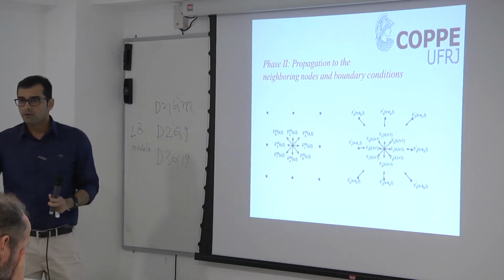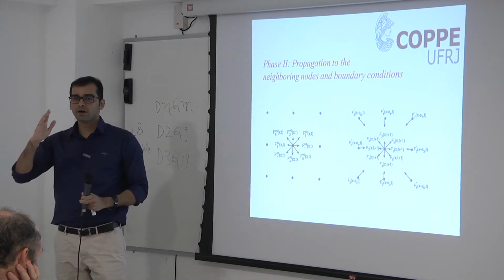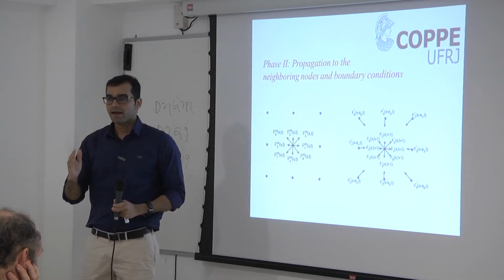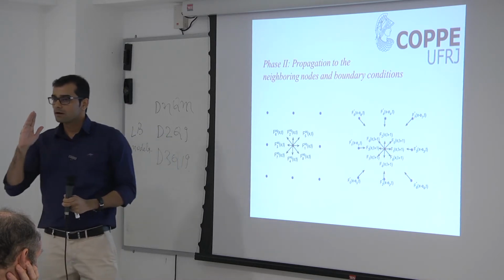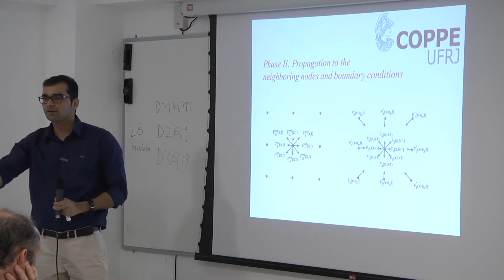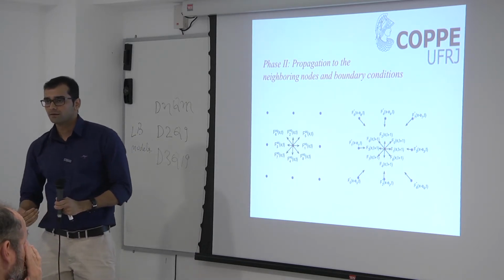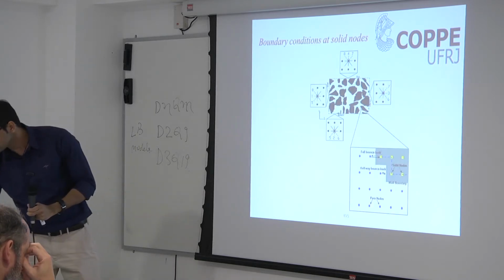And one more thing, let me tell you that a lattice point has distribution function values, but not when it is in the neighbor of the solid lattice point. Okay, because of the collision.